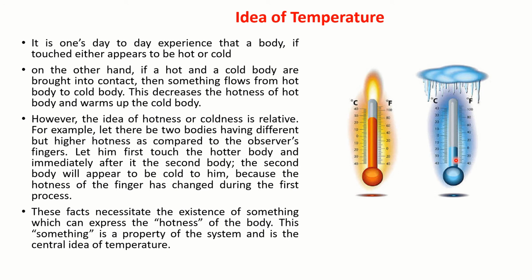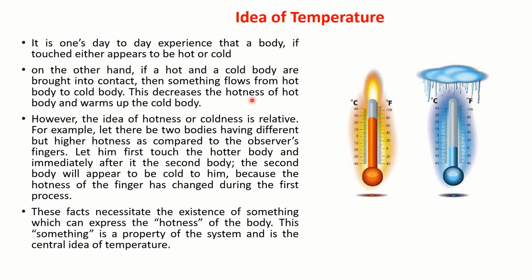Let us talk about the idea of the property temperature. Look here, suppose a hot and a cold body are brought into contact, then something flows from the hot body to the cold body.